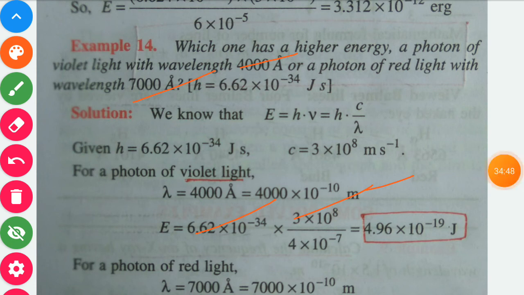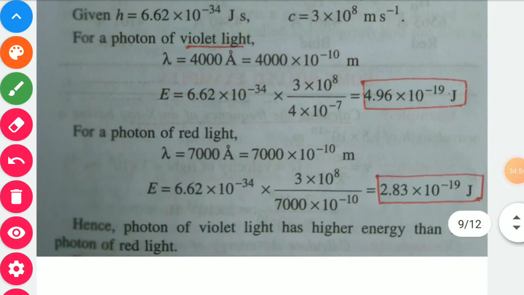So on putting the values, E is equal to hc by lambda. H, that is Planck constant, is 6.62 into 10 power minus 34 joule second. C value is 3 into 10 power 8 meter per second, and lambda value is given 7000 angstrom unit, that is 7000 into 10 power minus 10 meters. So on solving, it will be 2.83 into 10 power minus 19.